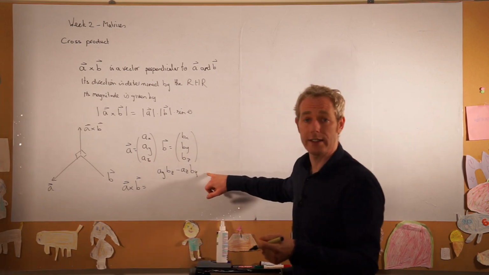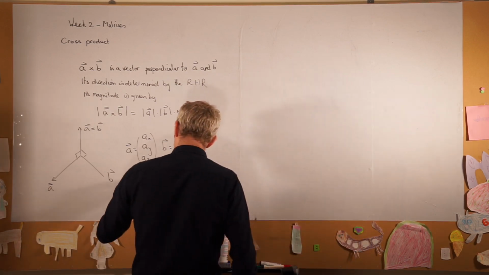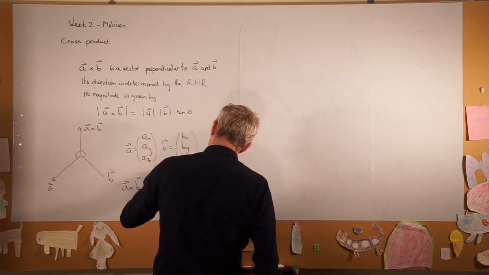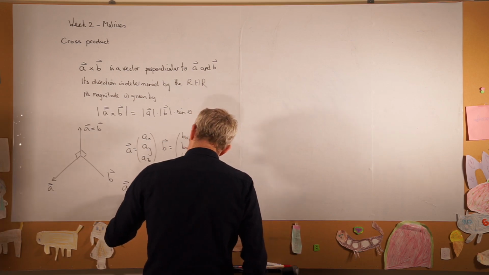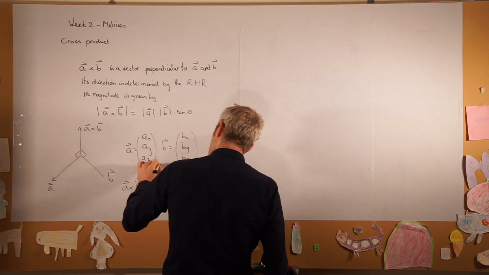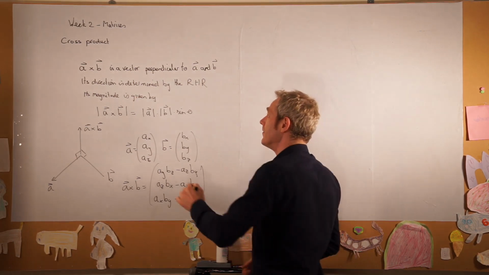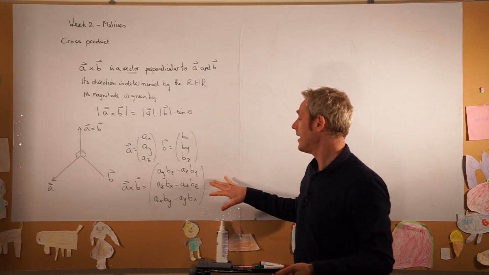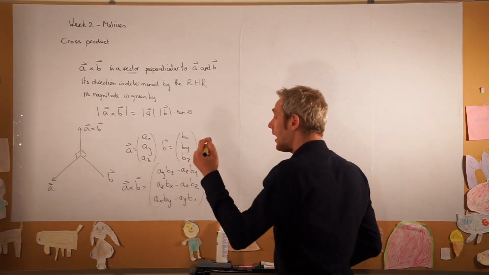So this is already the x coordinate of the cross product. Then az bx minus ax bz and ax by minus ay bx. And one thing to note is that the cross product is indeed a vector. Where the dot product was a scalar, the cross product is a vector. And if we have two vectors, this is how we can calculate it.